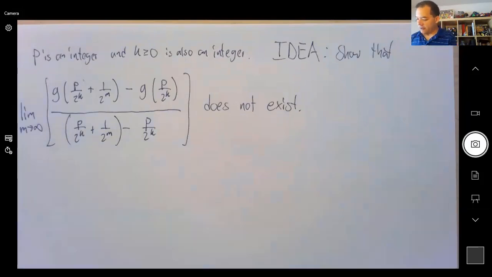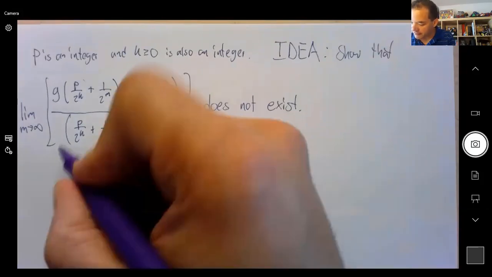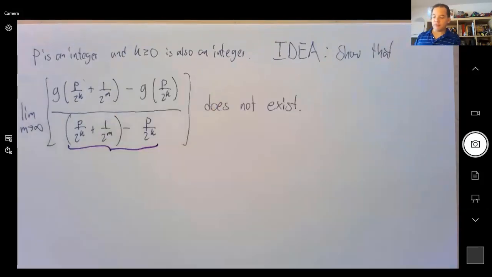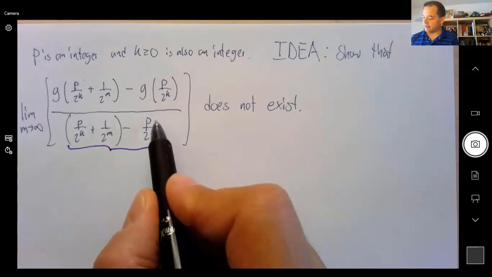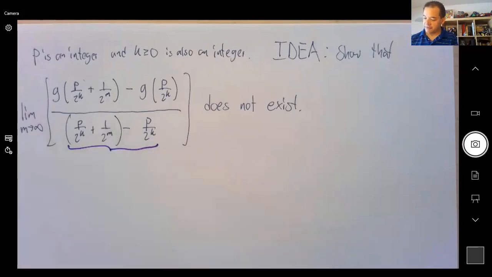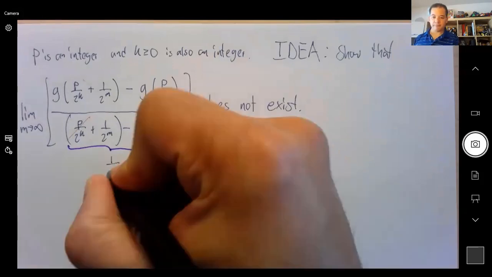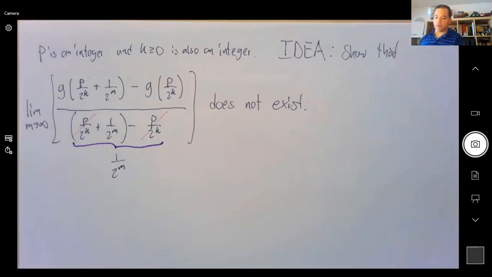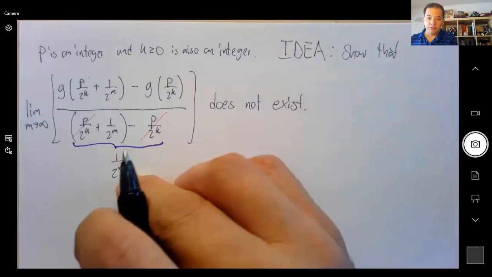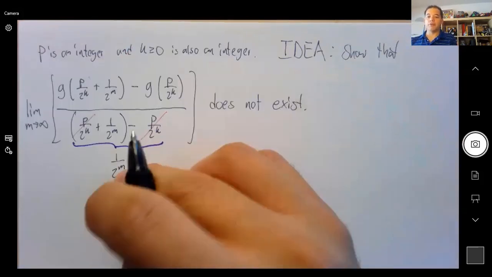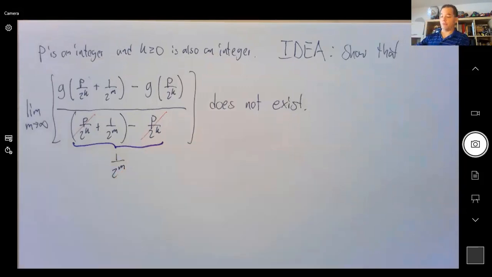Well, first, also notice this simplifies already. So what is the denominator? The denominator is easier than it looks, because you're taking this number and subtracting p over 2 to the k, so this cancels, and this is just 1 over 2 to the m. So really what we want to evaluate is this number divided by 1 over 2 to the m. And dividing by 1 over 2 to the m is the same as multiplying by 2 to the m.